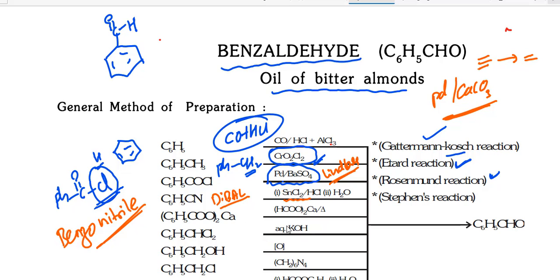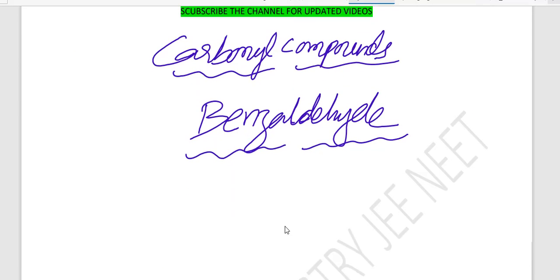Next, calcium benzoates. From calcium benzoate also I will show you the mechanism, simple. So calcium benzoate we are taking and calcium formate we are taking. You can see the mechanism here.